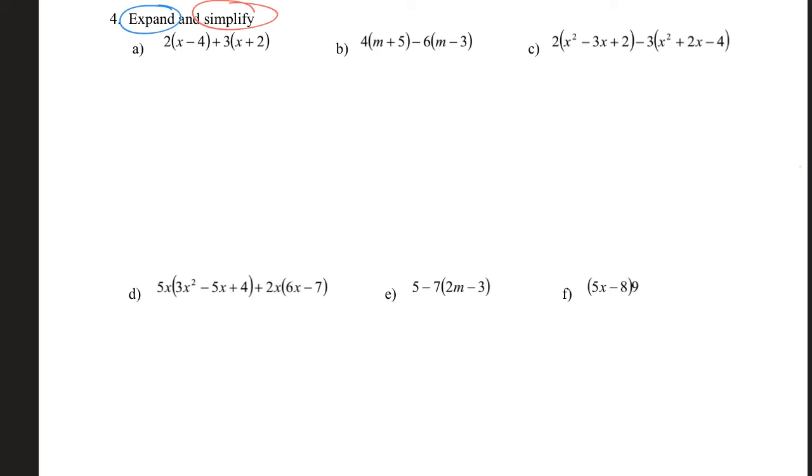That's all x minus 4 is. Do you know the value of x minus 4? I have no clue because I don't know what x is. Do you know the value of x plus 2? No clue. So I'm going to replace those with the word something. 2 times something plus 3 times something. Well, I know I have to do my multiplications first. So how do we multiply one thing by other things? We expand. Everybody should be able to expand the first bracket.